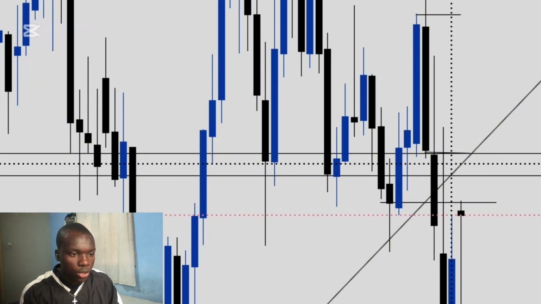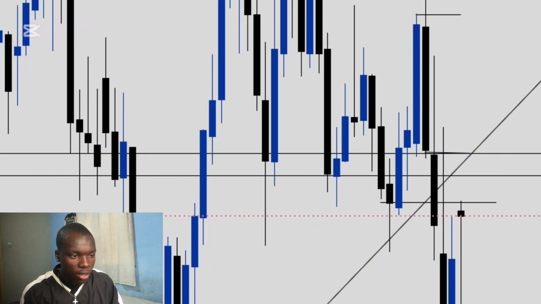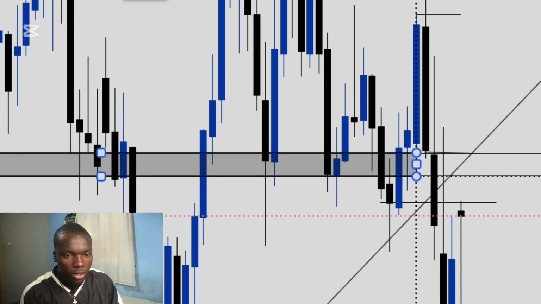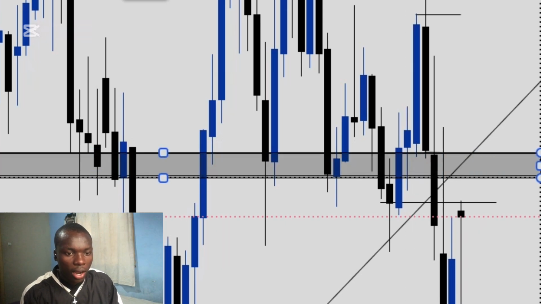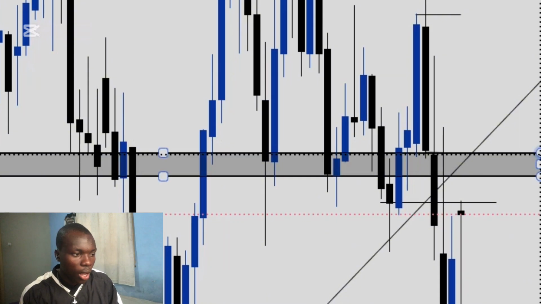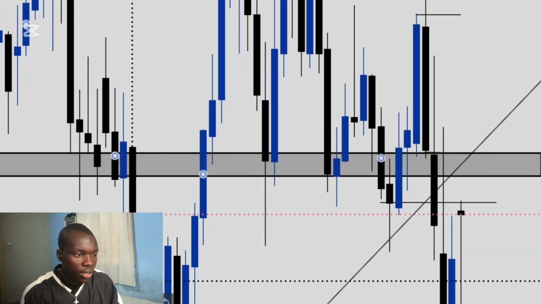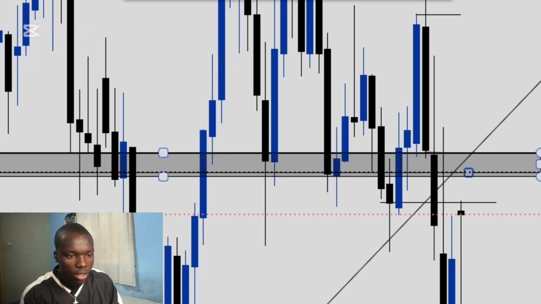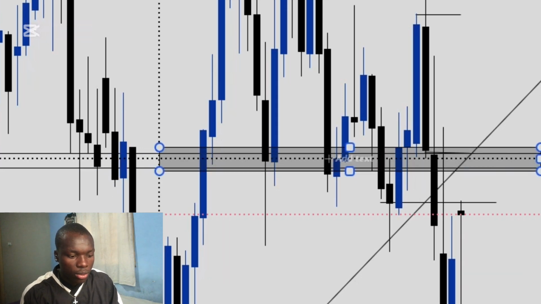All I'm going to do is draw my box here on this retest point. This will be my area of interest. Let me drag it to this side to make it clear and simple.